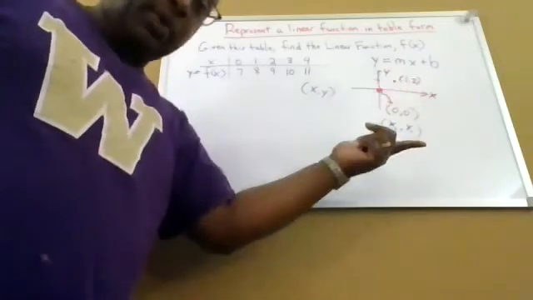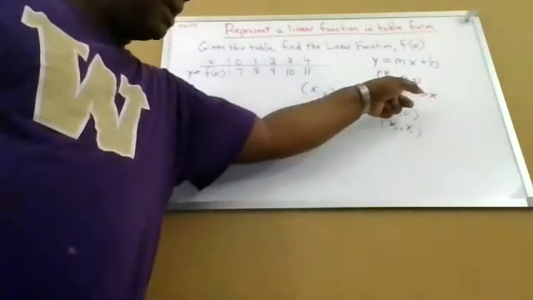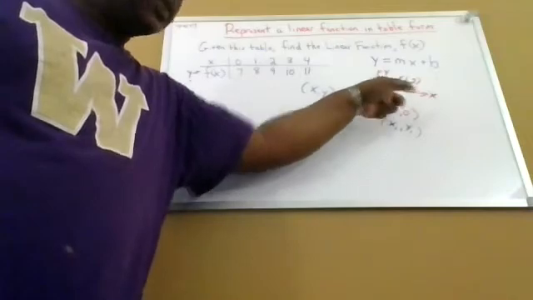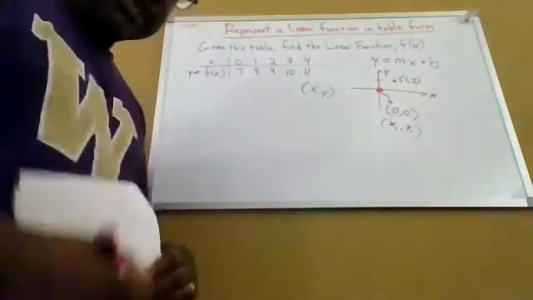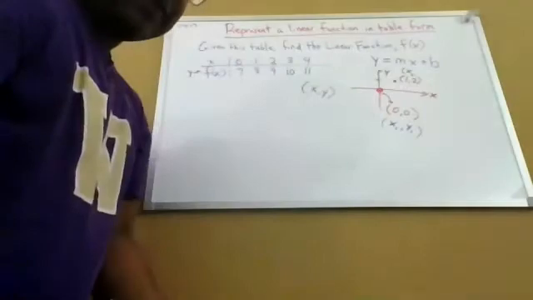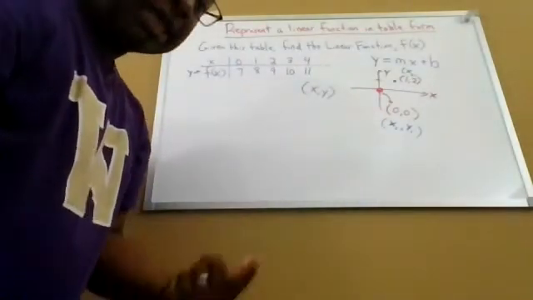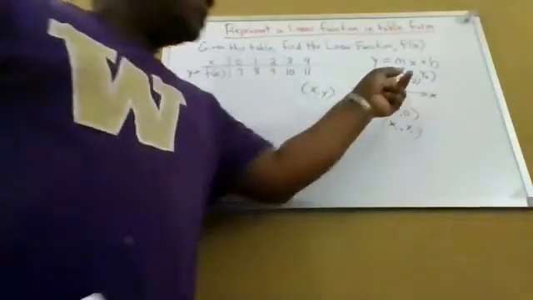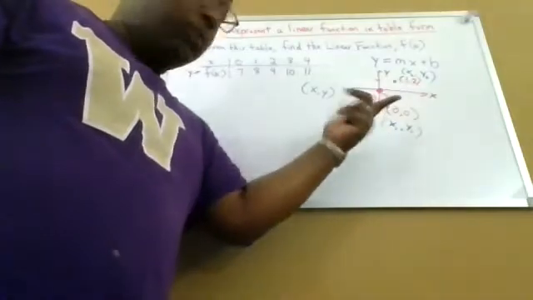Then for my second point, I'm going to call my x value, which is number 1, x2, and my y value, I'm going to call y2. So there are different ways to represent this one point.